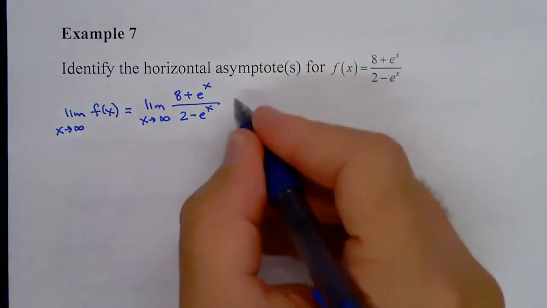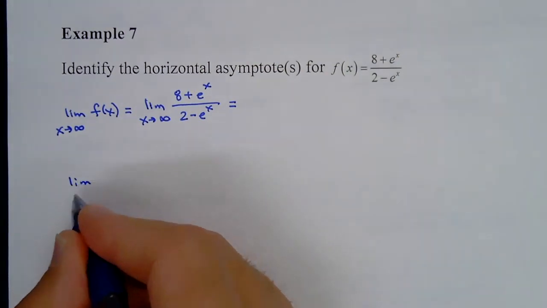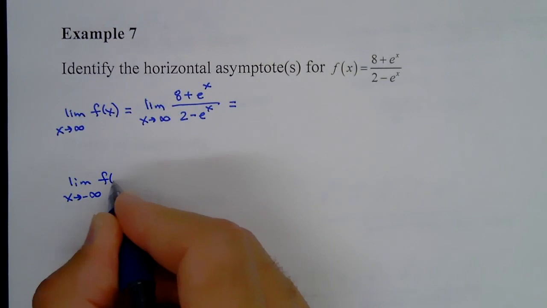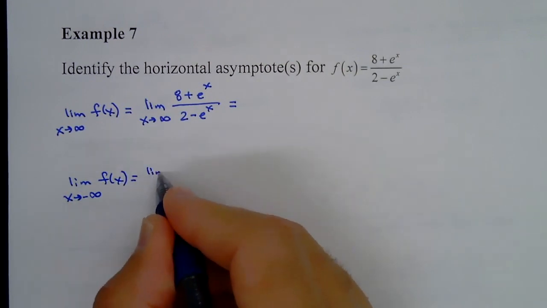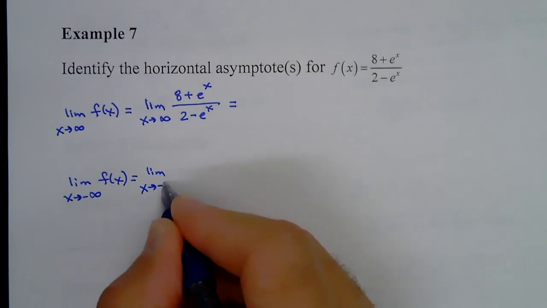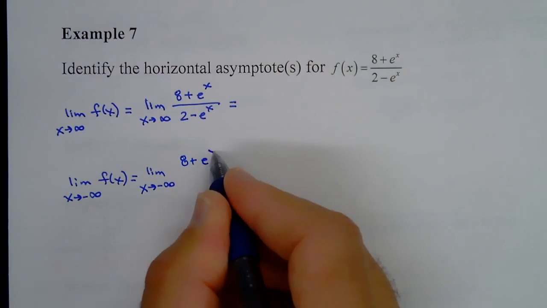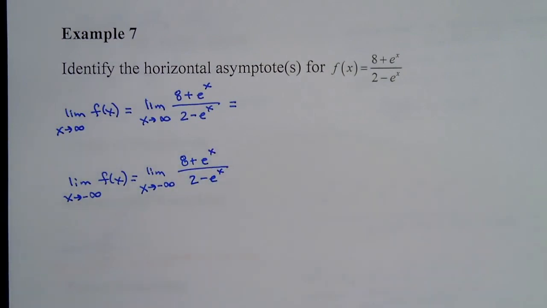And then we want to do the limit as x approaches negative infinity of f of x, and that would be the limit as x approaches negative infinity of (8 + e to the x) over (2 - e to the x).